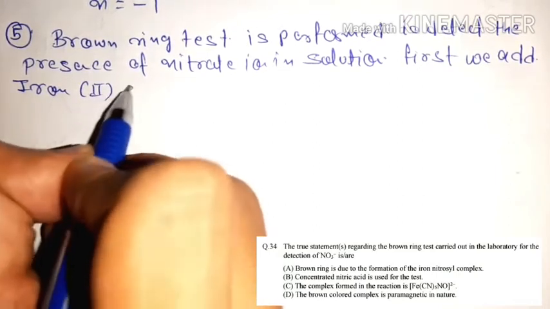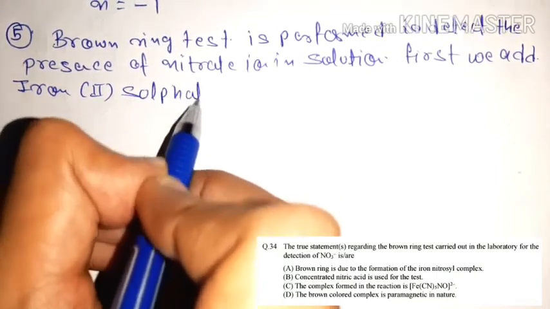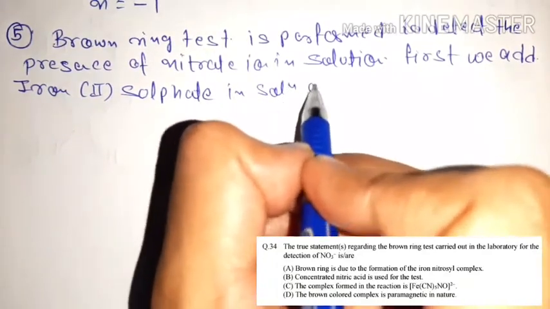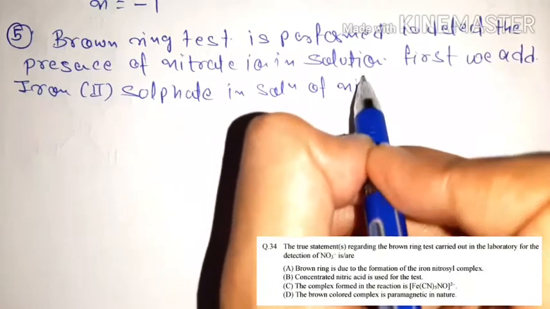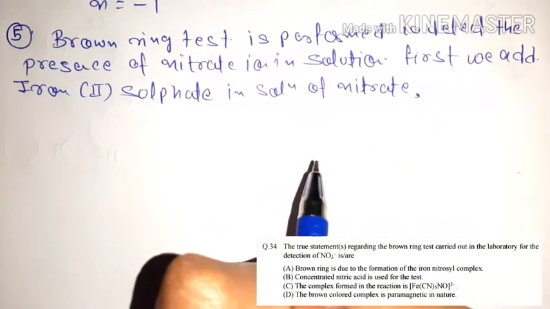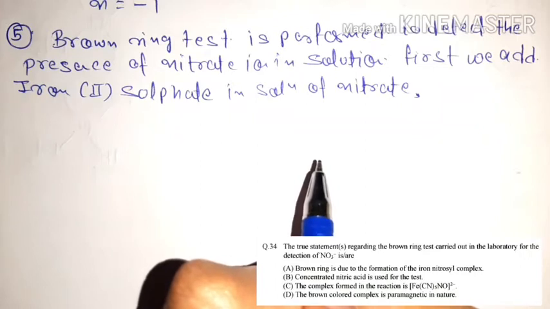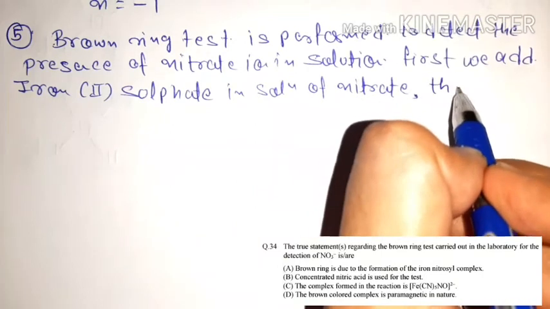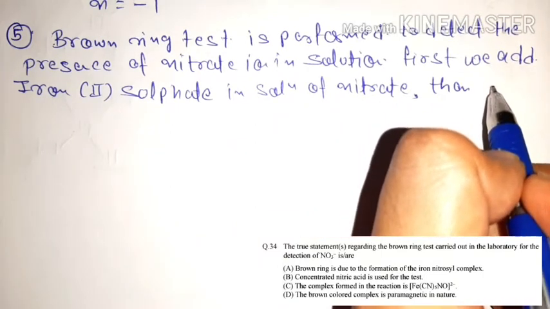After that, we slowly add concentrated H2SO4 on the walls of the test tube.